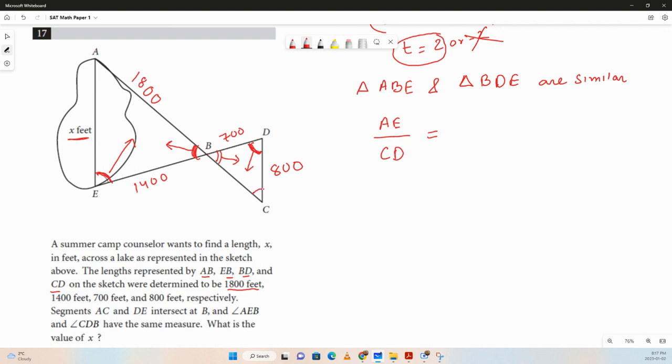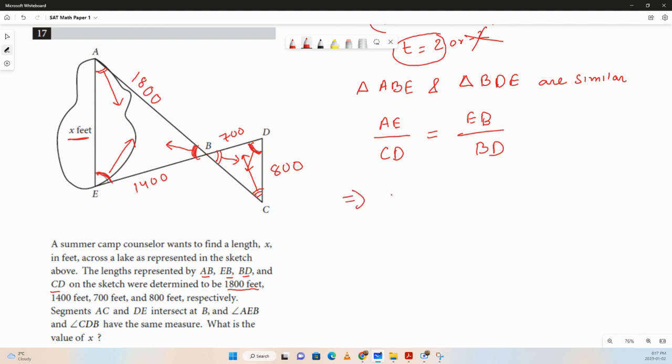Opposite to C we have 700. C would be similar to A, so opposite to A we have 1400. So for the big triangle, opposite to A is 1400, which is EB, and opposite to C we have BD.